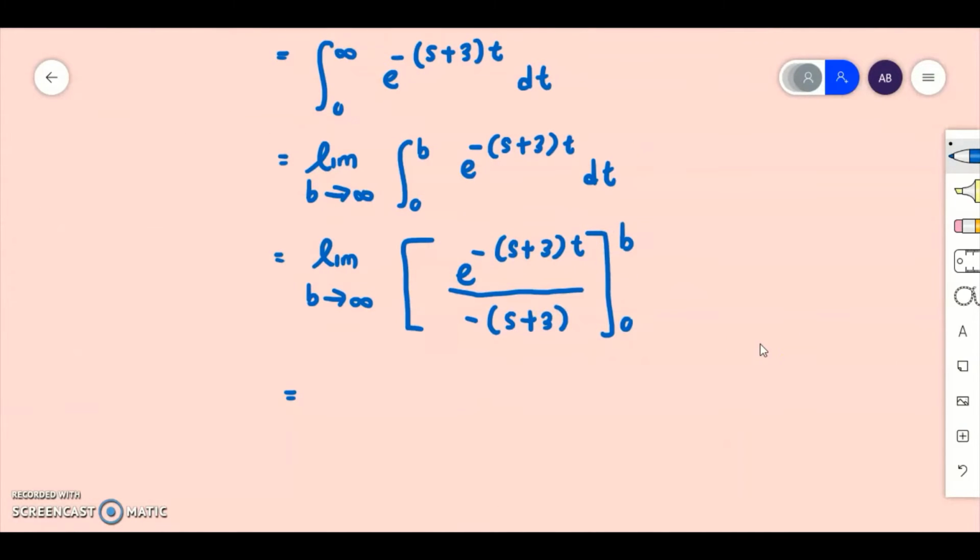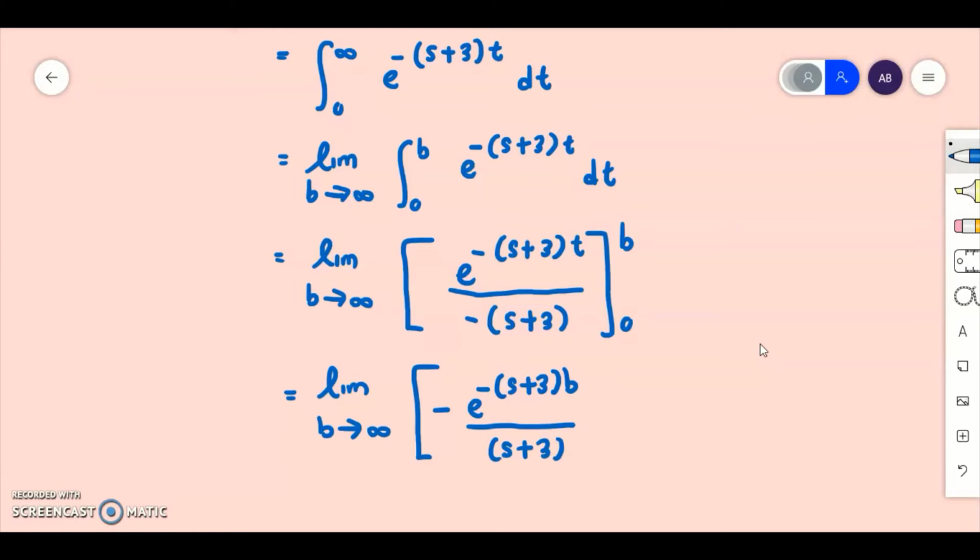Okay, now we're going to apply b first before you take the limit. So when t is b, we have negative exponent negative (s plus 3)b over (s plus 3). I brought the negative up, and then minus, okay, negative negative. Okay, you have minus here, and then when t is 0, I have negative over (s plus 3).